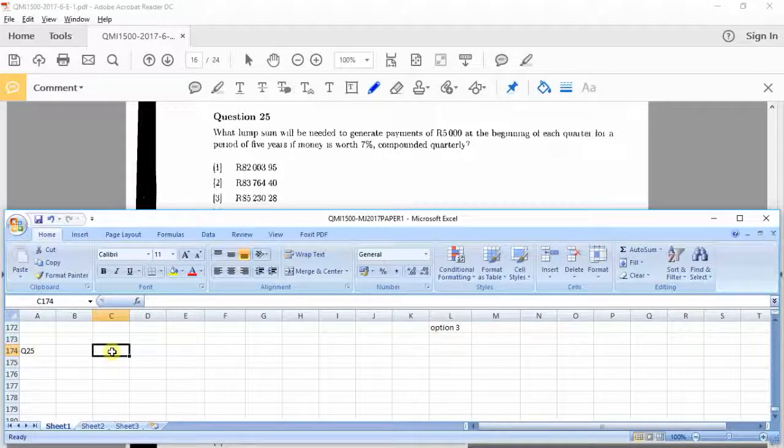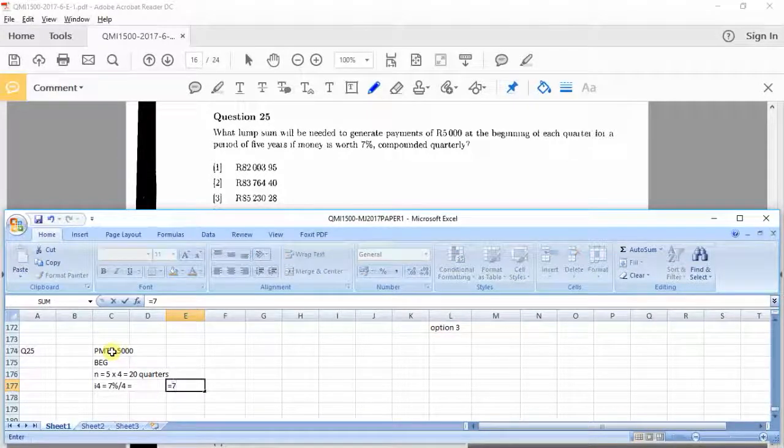Right, question 25. What lump sum will be needed to generate payments, PMT, 5,000, at the beginning, BEG, begin mode, of each quarter? N is quarters, for a period of 5 years. 5 times 4 is 20 quarters. 7% compounded quarterly.